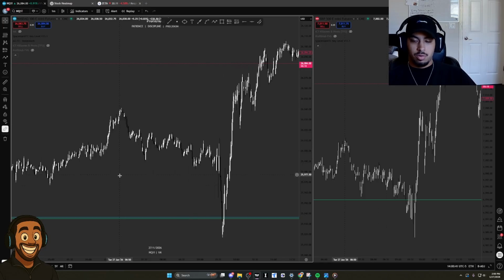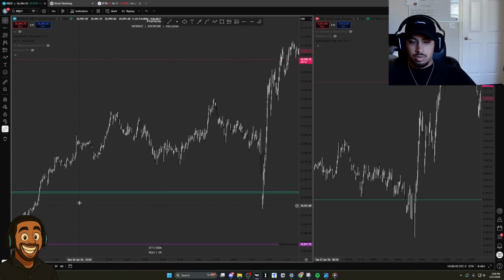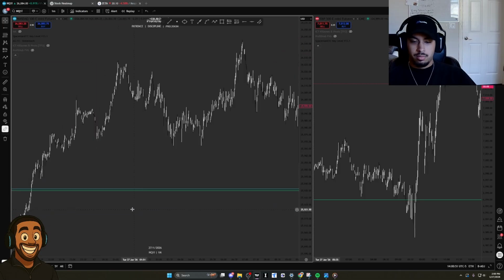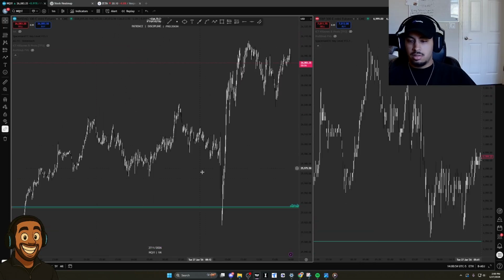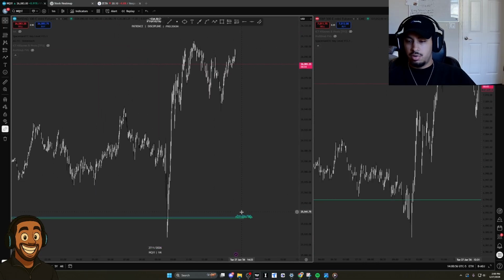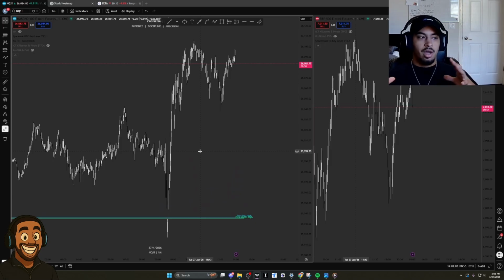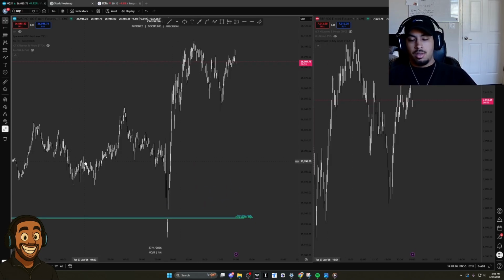Price tends to sweep some sort of liquidity to go higher. So it started sweeping this liquidity here, as well as touching the previous day highs and previous month's highs, and then giving the actual delivery higher.